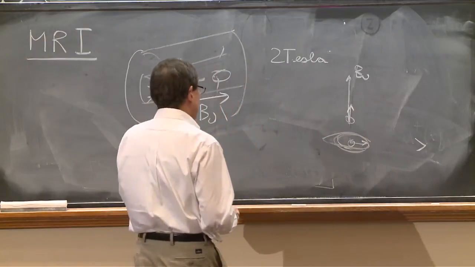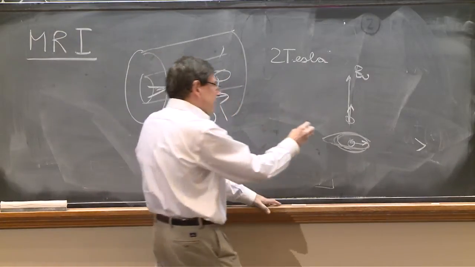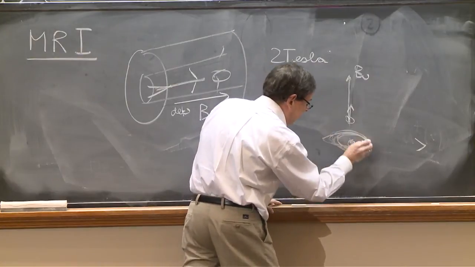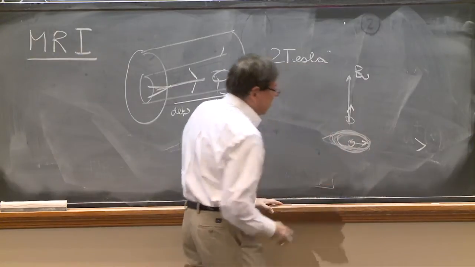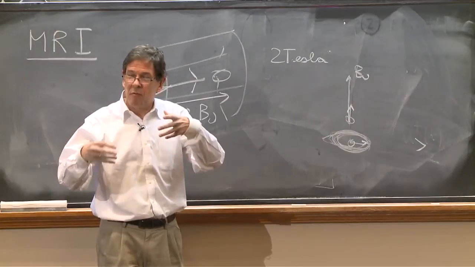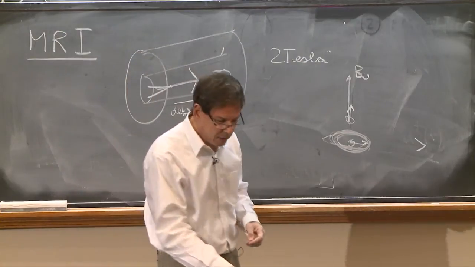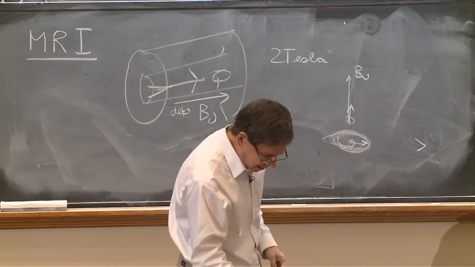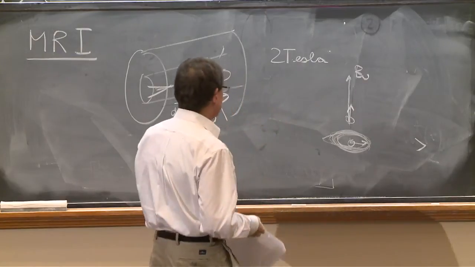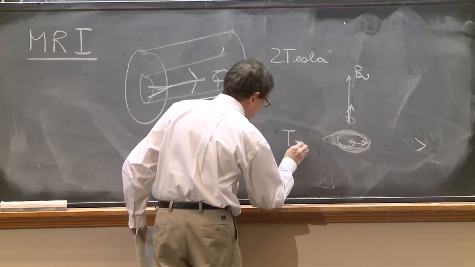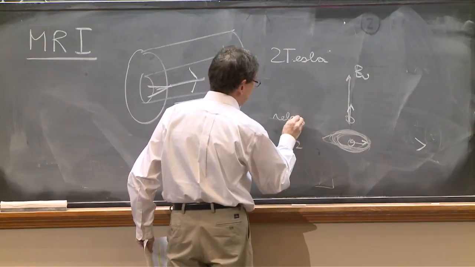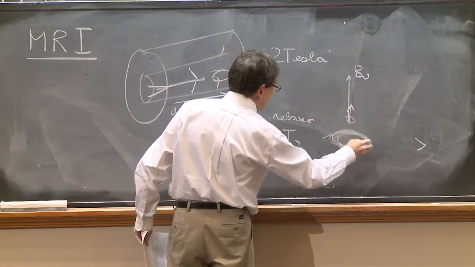Now, there are 2 more things that people do. This spin is rotating very fast, but there's a relaxation time. After it rotates for a while, there's a time T2, the relaxation of this rotation.